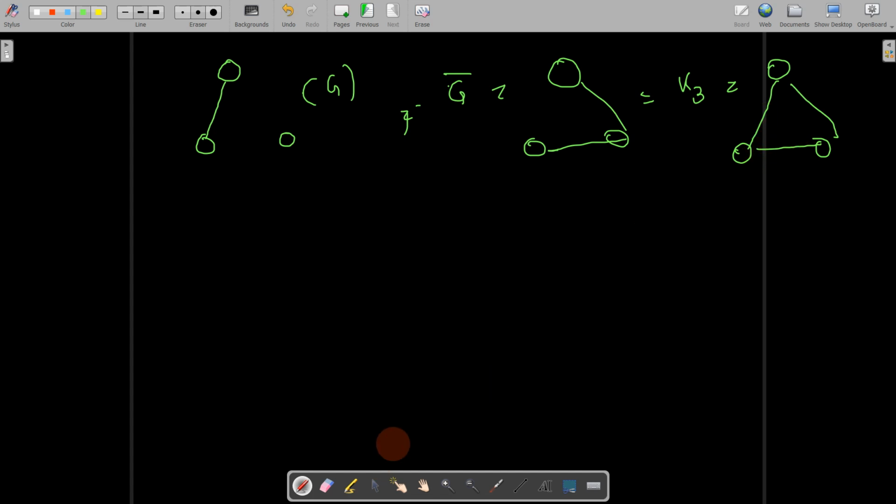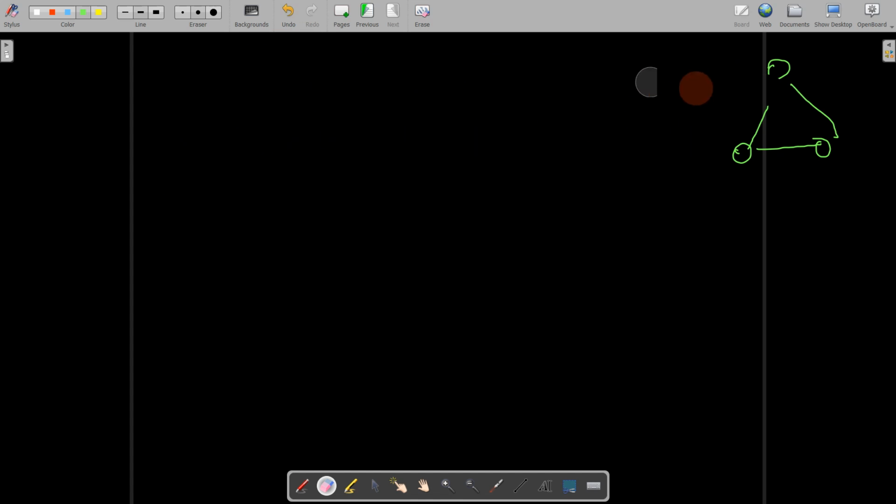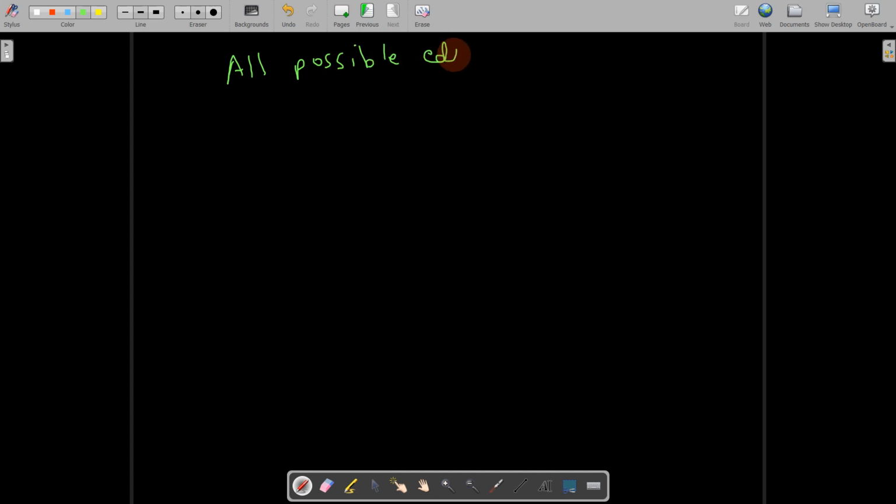Okay. So let us see now the graph's complement. How do we find the complement of the graph G given in the question? First we will write all possible edges. How many edges are possible? How many nodes do we have? 2 power n, and between any two nodes, if we choose any two, there will be an edge. So 2 power n choose 2.